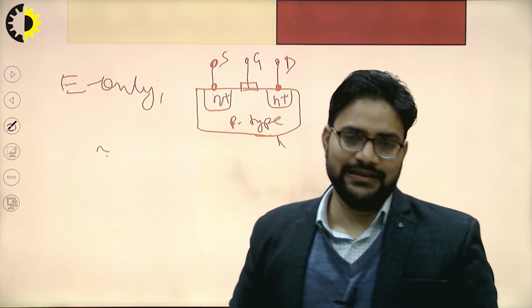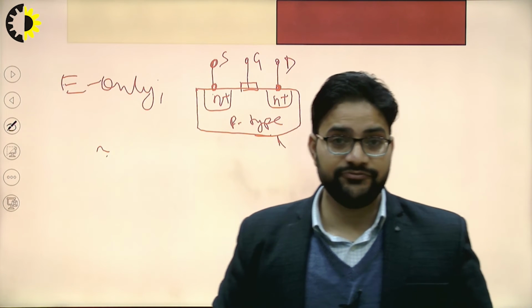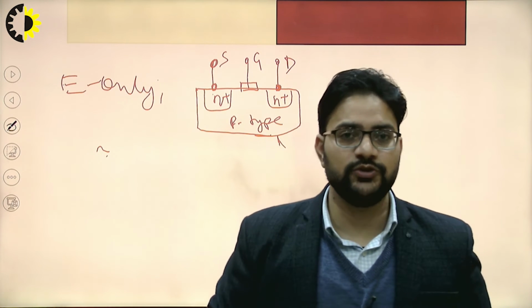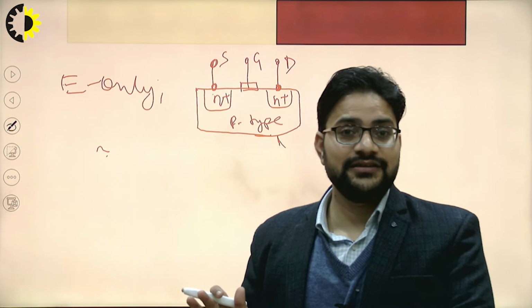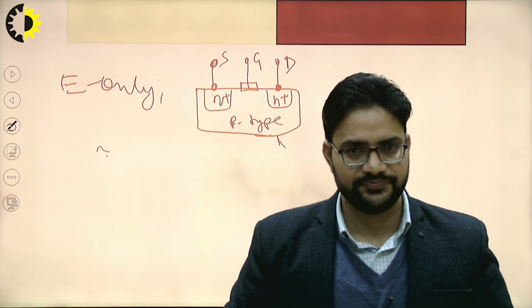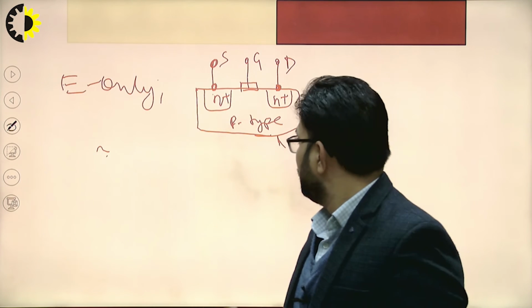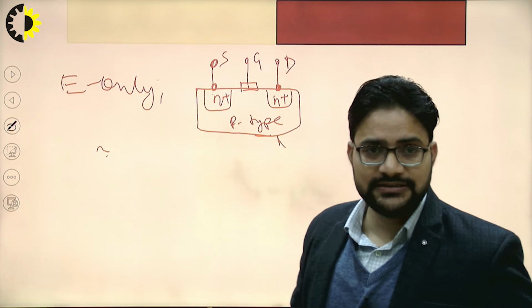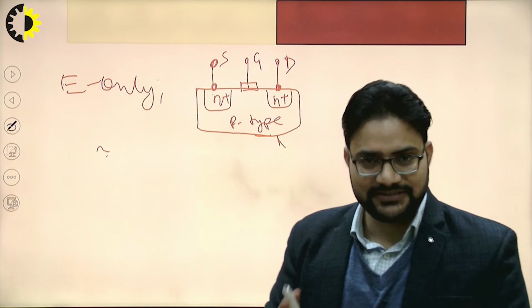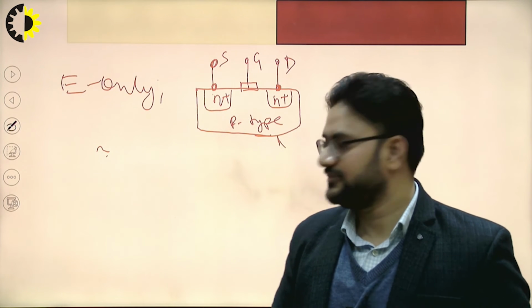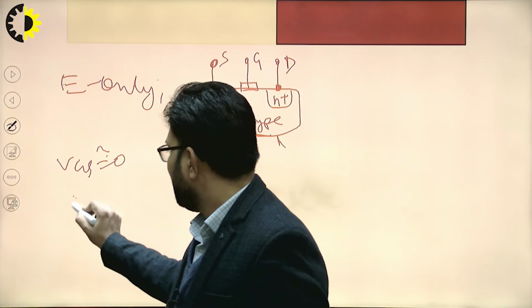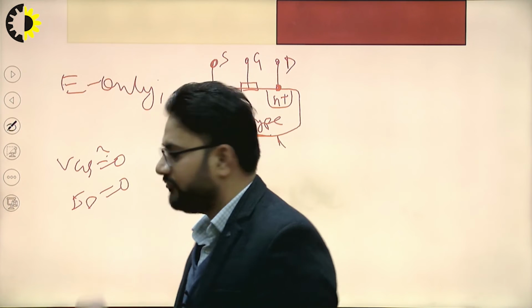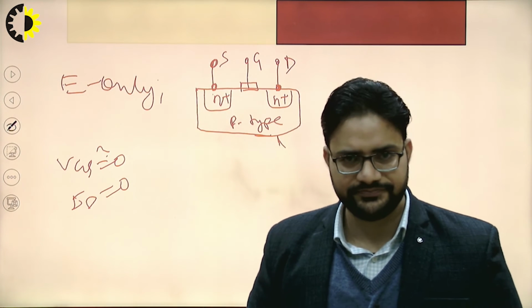To create the channel, we have to apply the proper gate to source voltage so that the channel can be induced, right? So whenever we apply the proper gate to source voltage, then we will have the channel. Otherwise, we will not have the channel. So whenever VGS equals 0, ID will also be equal to 0. Why? Because there is no channel available.